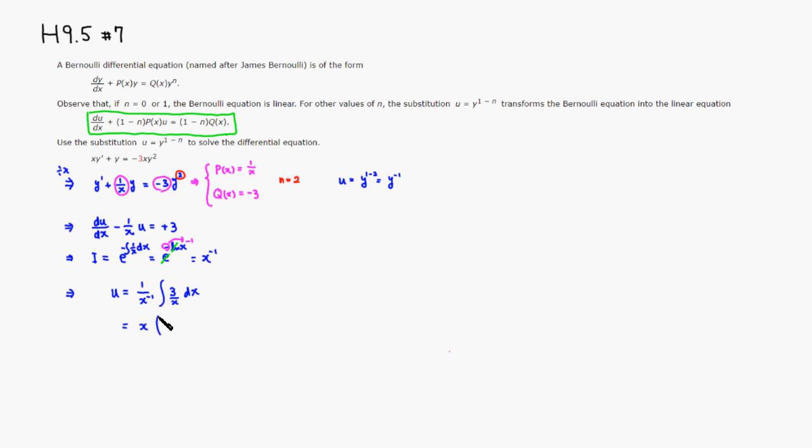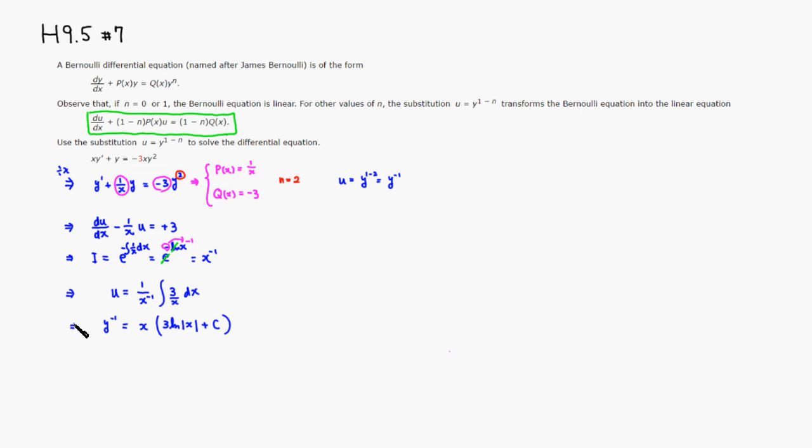Then the antiderivative is going to be 3 times natural log of absolute value of x, plus some constant c. So we have that, but this is u. U is y to the negative 1.